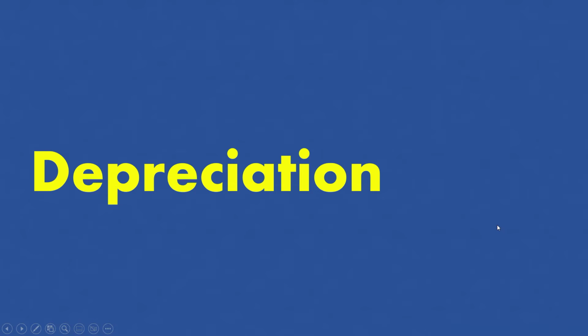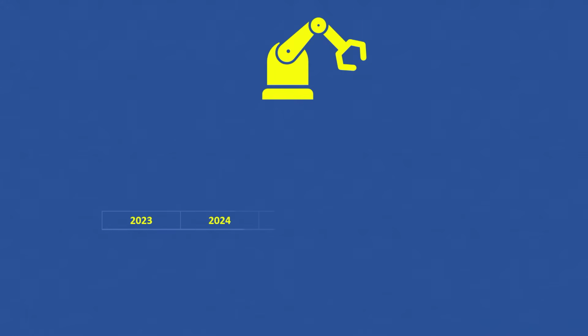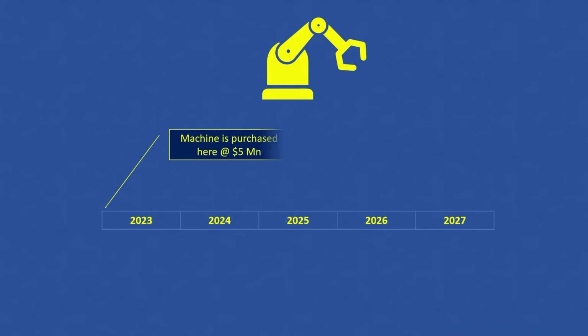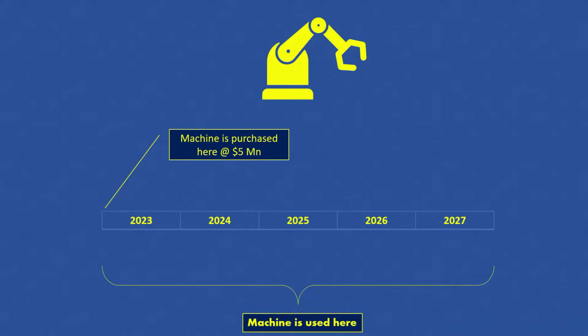this is called depreciation. So rather than me telling you a theoretical definition, let me give you an example, and let us say we purchased a machinery at the beginning of 2023 for $5 million, and we expect to use that machine for the next 5 years from 2023 to 2027.